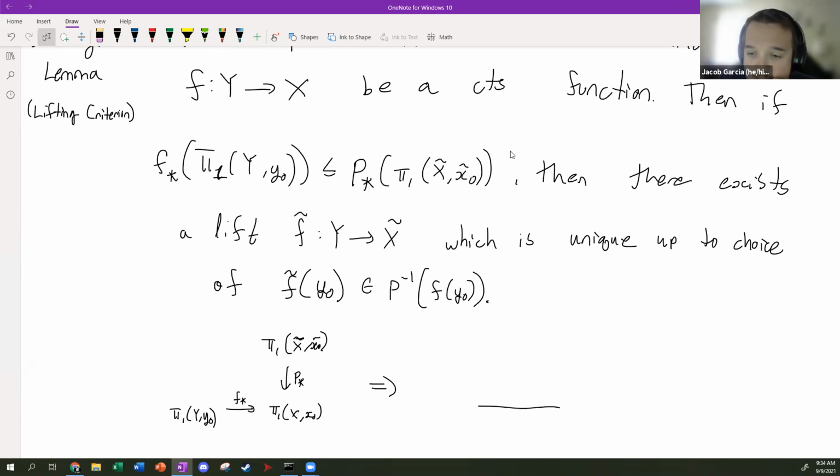And then this implies, and you draw the same diagram, except with f's and p's, x and x tilde and y. And there exists an f tilde.